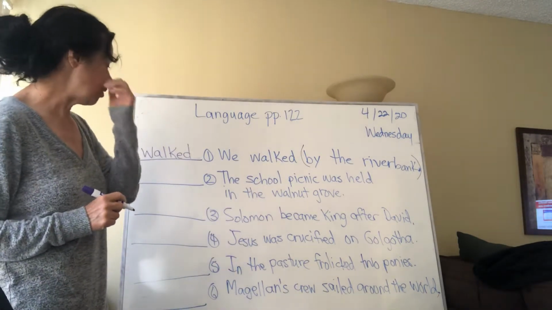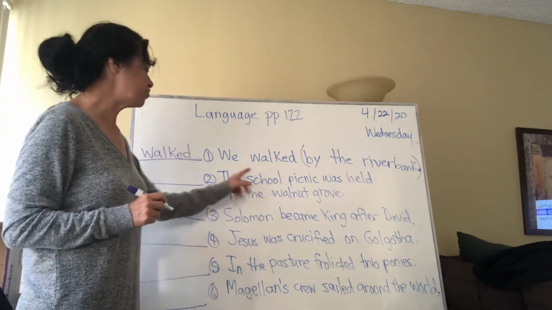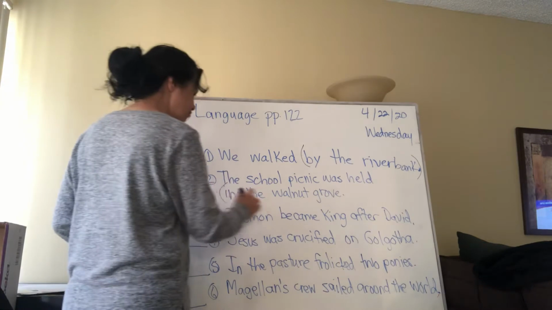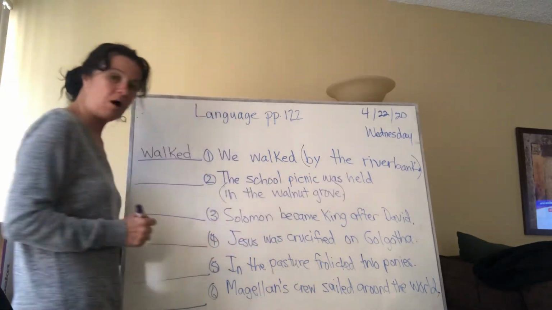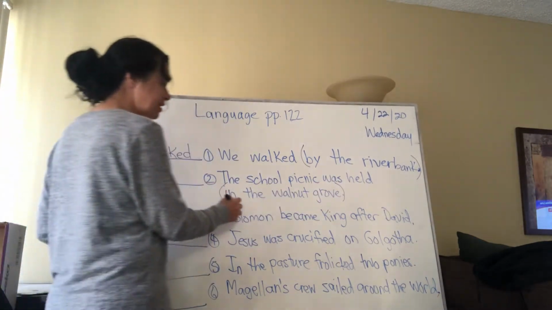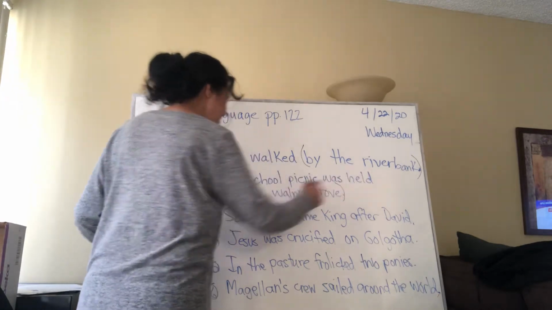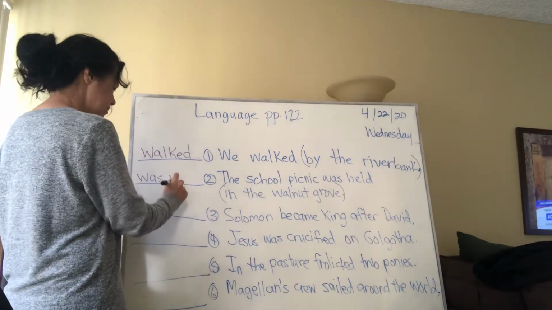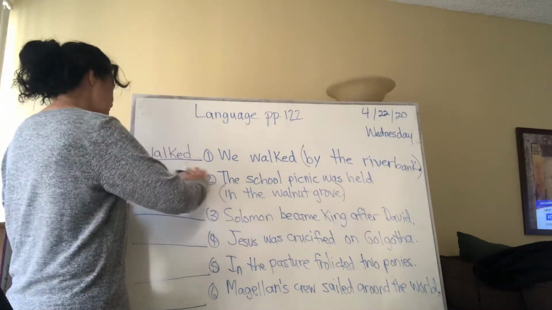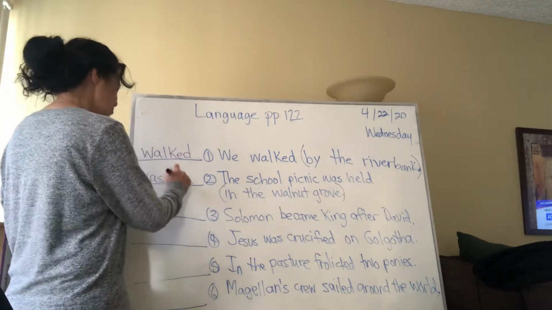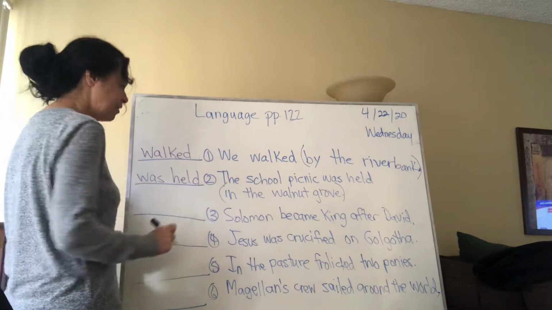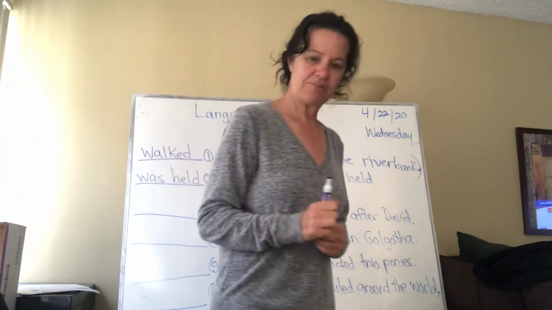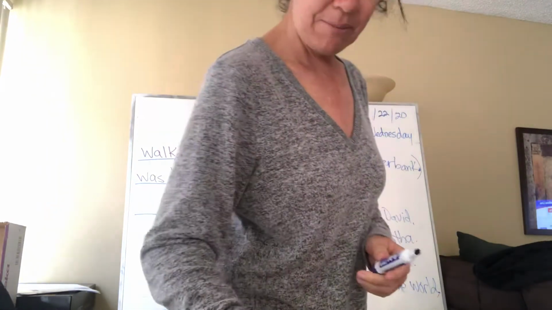Number two, the school picnic was held in the walnut grove. Your prepositional phrase is in the walnut grove. It's giving us details about was held. So we write the verb was held. So the school picnic was held in the walnut grove. All right, so that's number two.